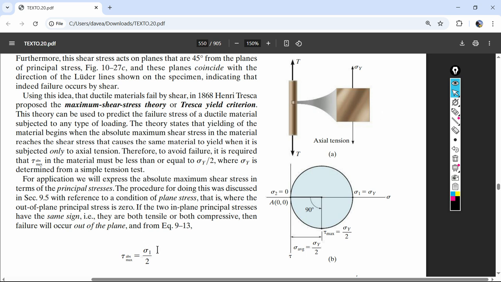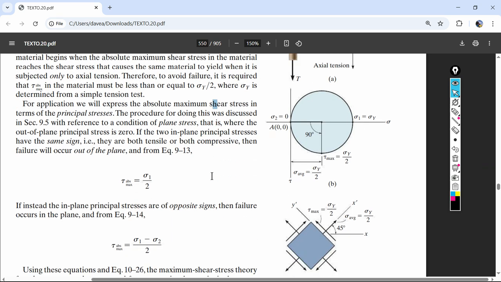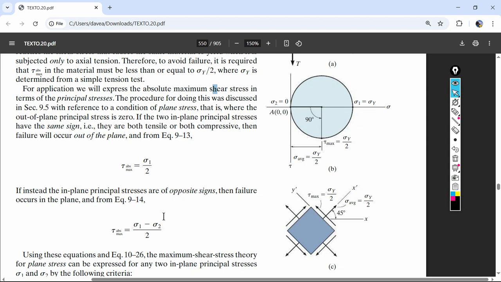Sigma 1 minus sigma 2 is 0. So there you go. But if I do have this in the positive direction, it's going to be stronger, so I'm going to have sigma 1 and sigma 2. It's not going to fail in that plane. But out of plane, this is also 0, so we have sigma 1 minus 0, and it's going to be the half. And so that's going to be this equation.